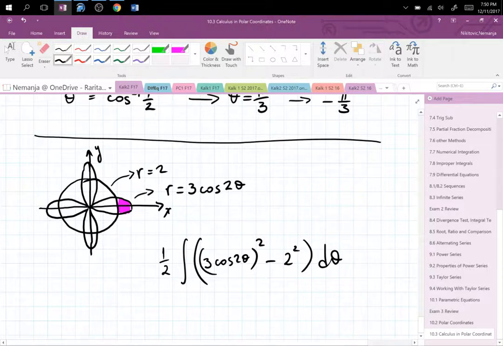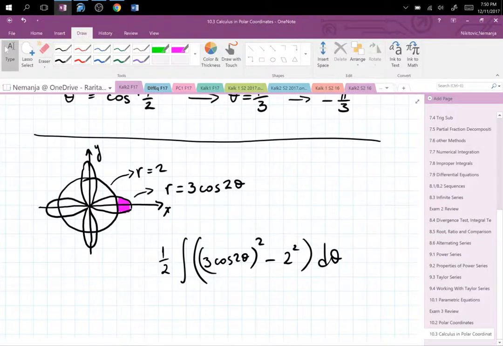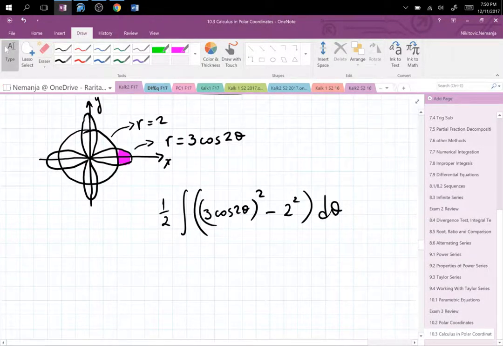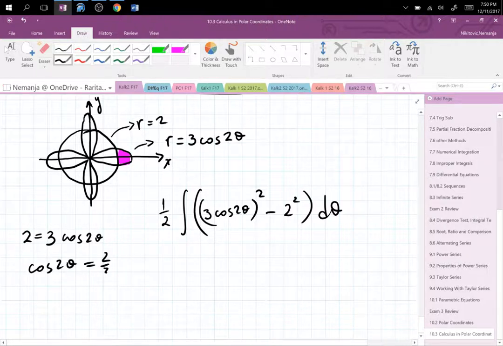And now what do we do for limits? Set everything equal, right? And now we are not going to get nice results here, because cosine 2 theta is equal to 2/3. We don't have the cosine for that. So we are going to have decimals in radians.